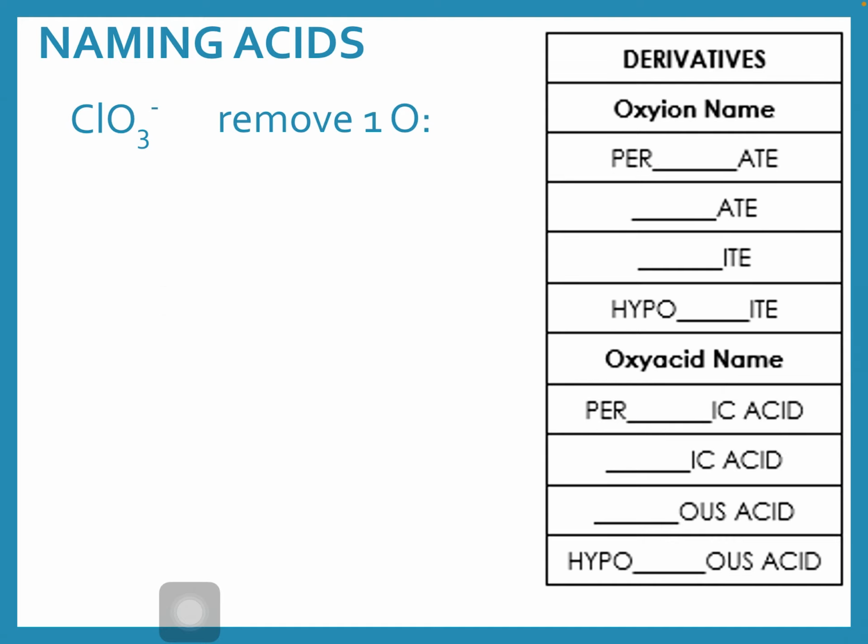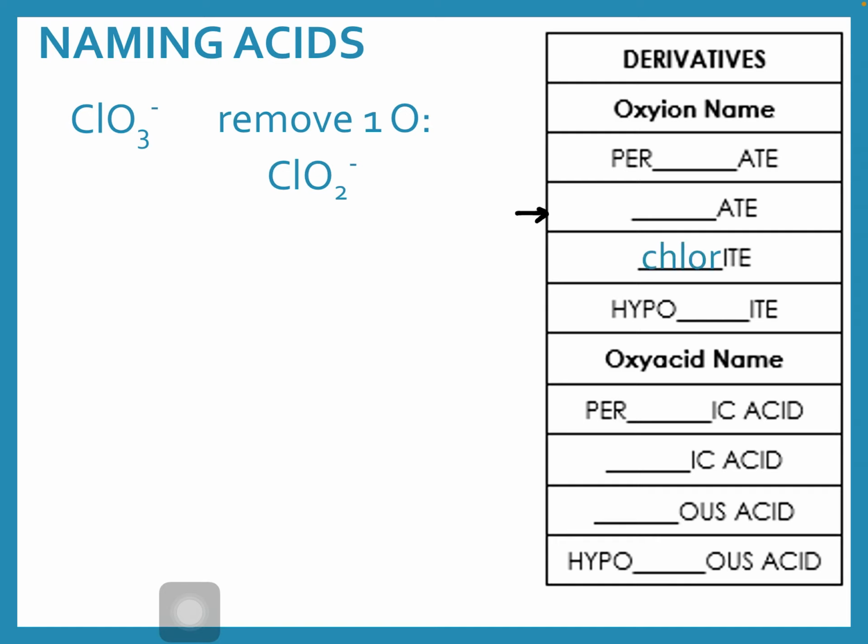So what about if I go back to chlorate, so that's my starting point that I'm given in the table, and I remove one oxygen, that would become ClO2 minus. Once again, valence stays the same. And then remember, I'm just taking that root of chlorate, the chlor, and that is called chlorite.